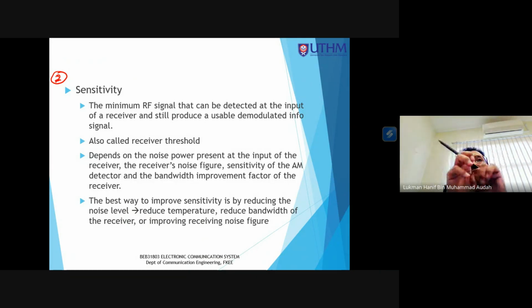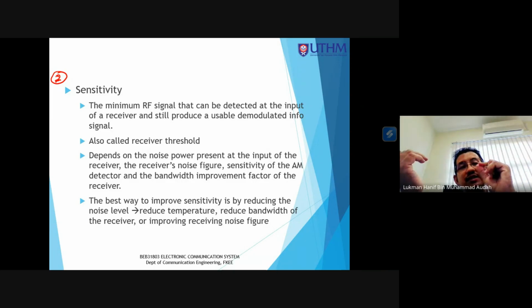How small an input signal we can detect determines our receiver sensitivity. If my receiver can detect a small amplitude signal, my receiver is sensitive. If it cannot, my receiver is not sensitive.